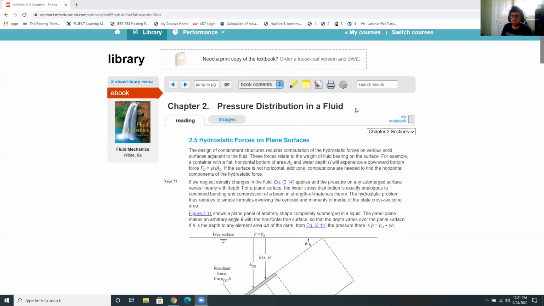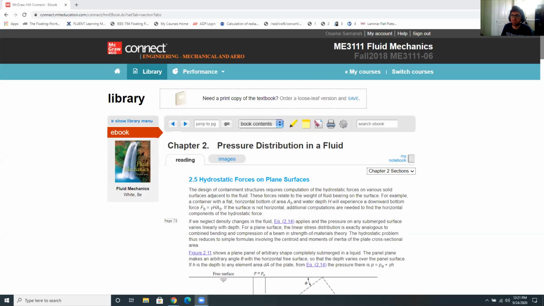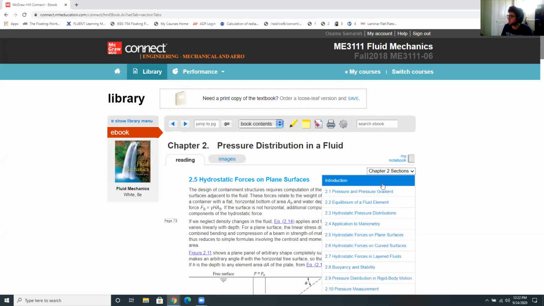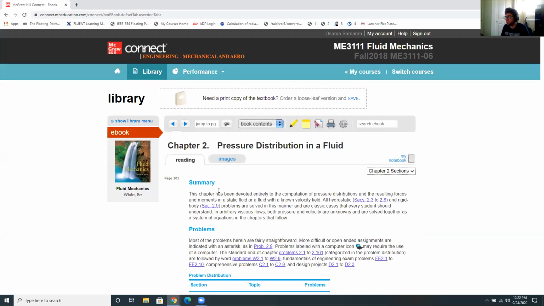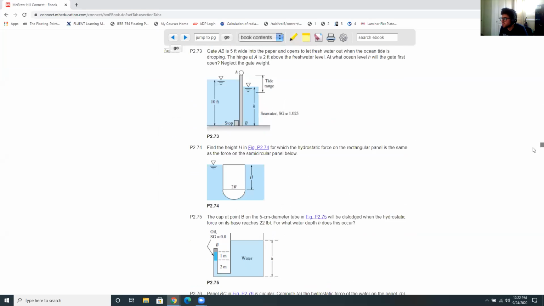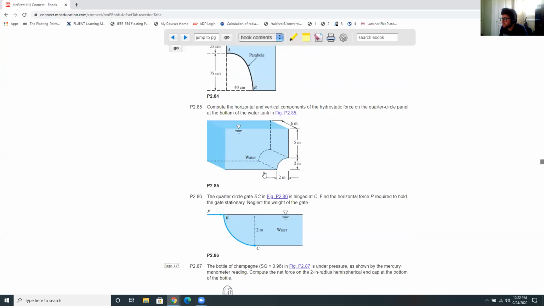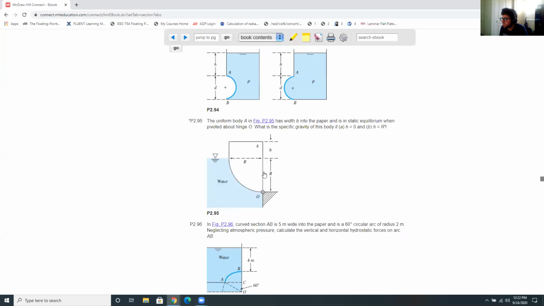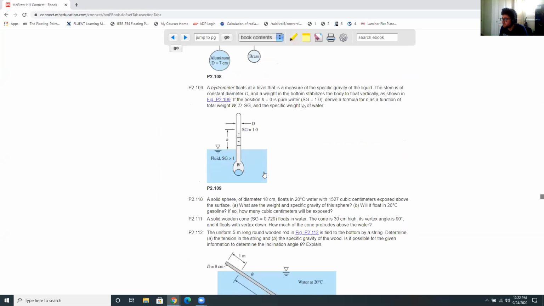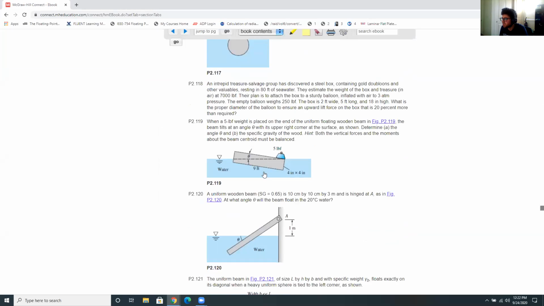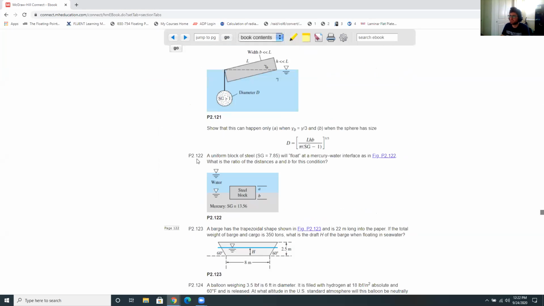Can you guys see my screen? Okay, let me try to find it really quick. It was a block of steel, I remember. This one, 2.122. You have a block of steel right here, and it's submerged in both water and mercury.